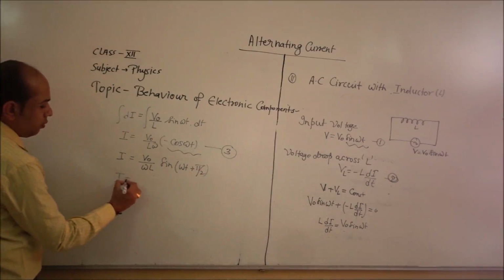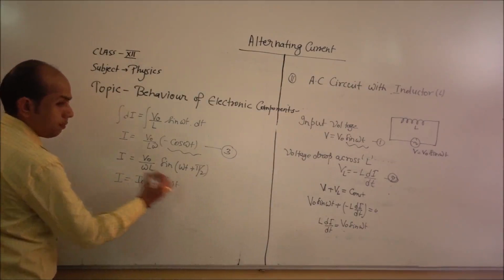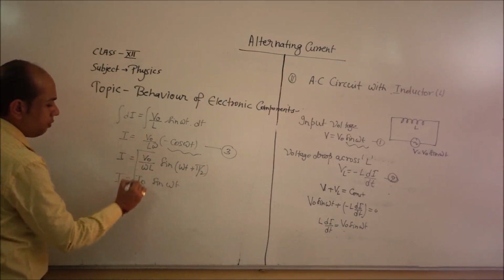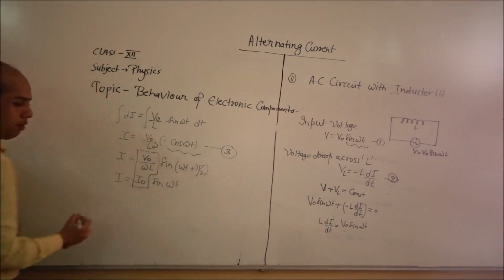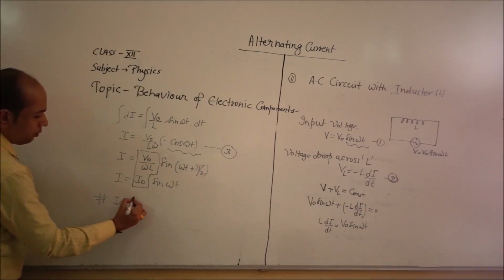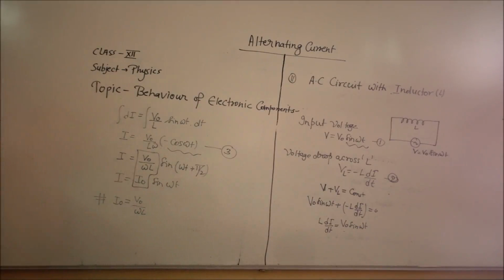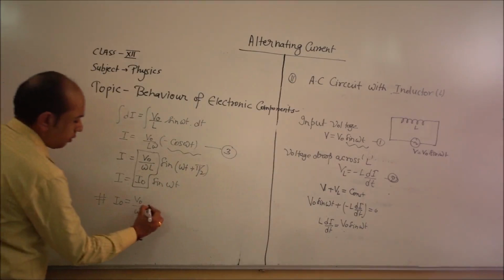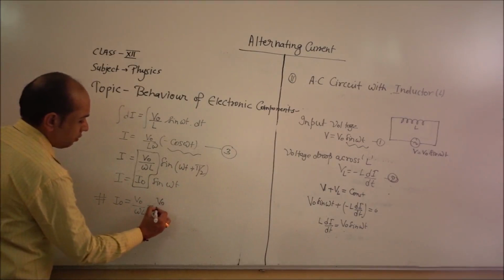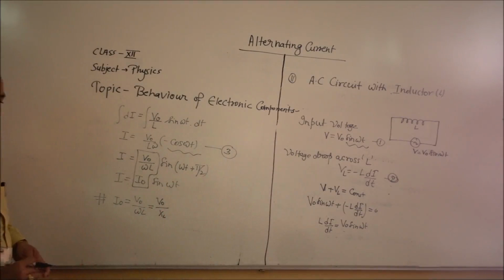So I is equal to I naught sine of omega t. So when we compare it, we get the first result: I naught is equal to V naught upon omega L. This omega L is known as inductive reactance, denoted by XL. Okay.